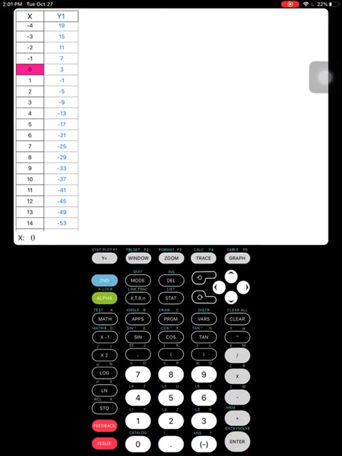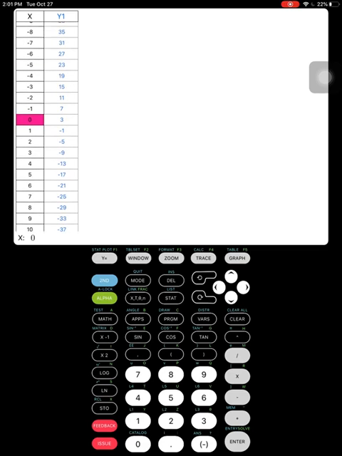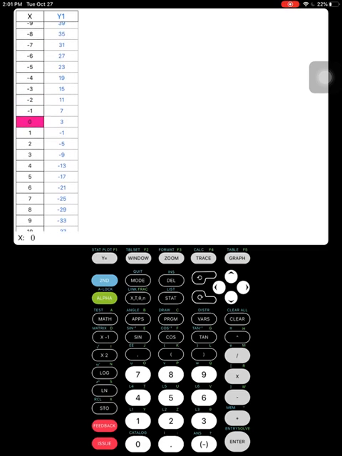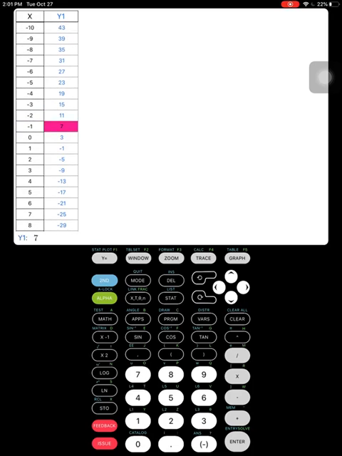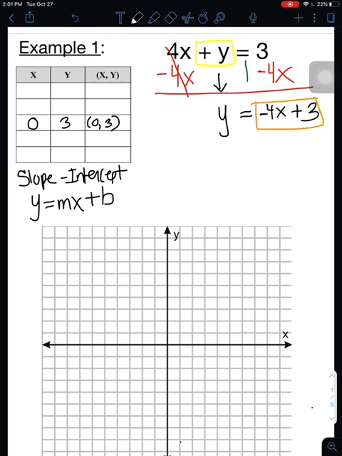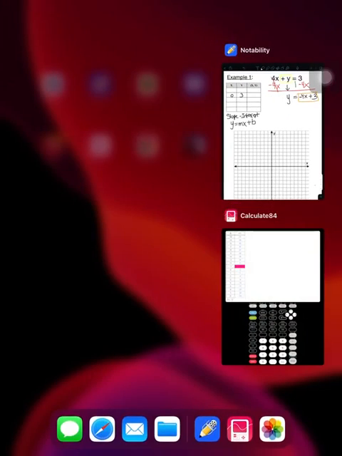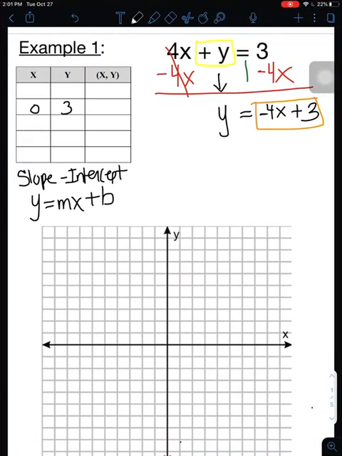And now I'm going to use 1 negative because if you see, these numbers are getting a little too large and it won't fit into my graph if I'm using a scale of 1, if I'm going by ones. So I'm just going to say negative 1 comma 7. So let me actually say 0 comma, was it 3 or negative 3? It was 3. And negative 1 comma 7.